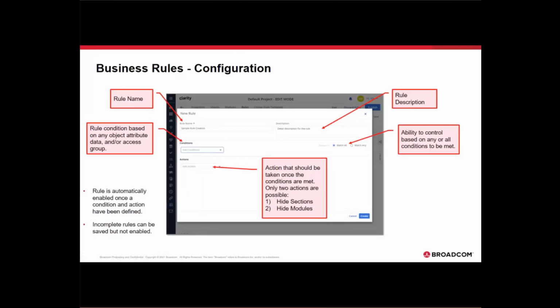If a rule is incomplete, then it will not be enabled, and you cannot enable it till you populate all the required values. The conditions can be defined as whether all conditions have to be met or any of those conditions listed in here are met.